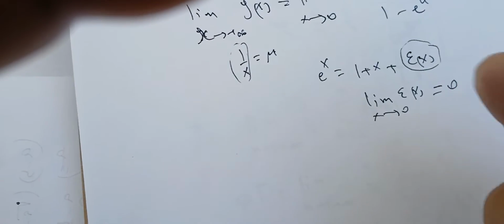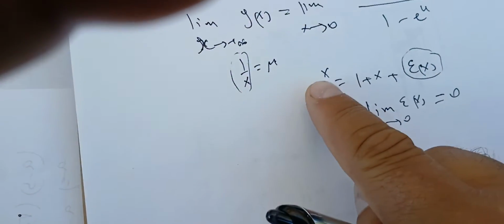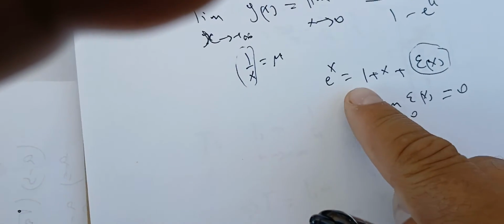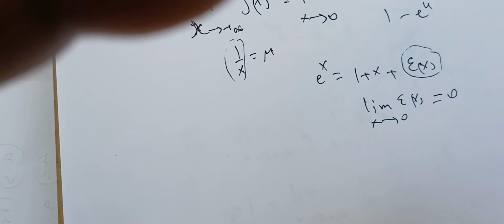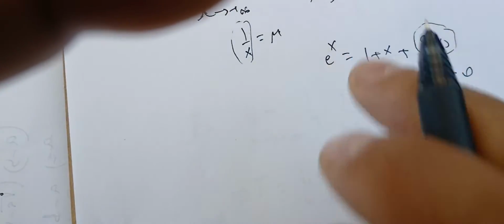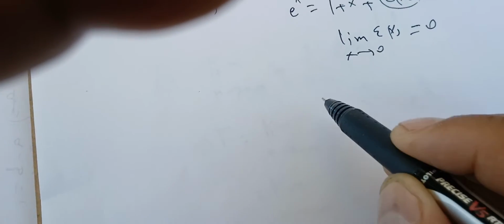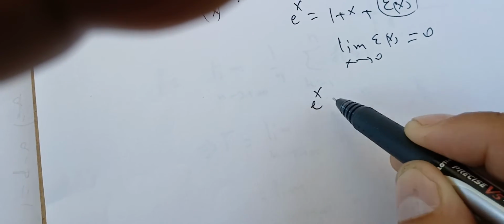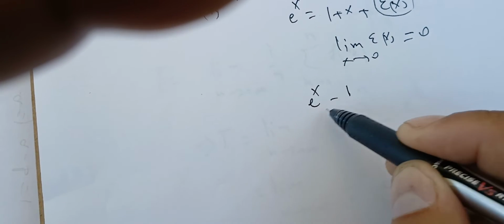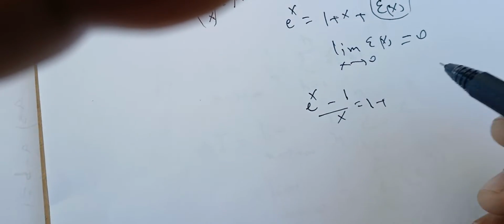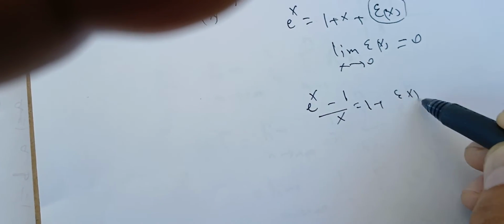Basically, we are saying when we are close to 0, e to the power x behaves as 1 plus x. They act the same. This is going to help us. So here we take the 1 to the left side and we divide by x. We get 1 plus this epsilon x.